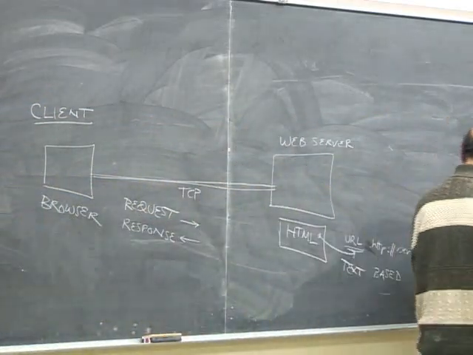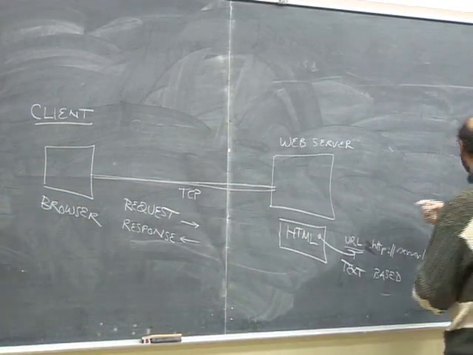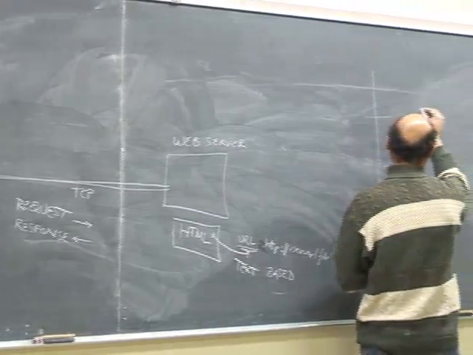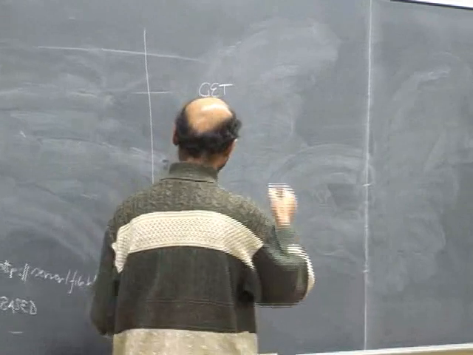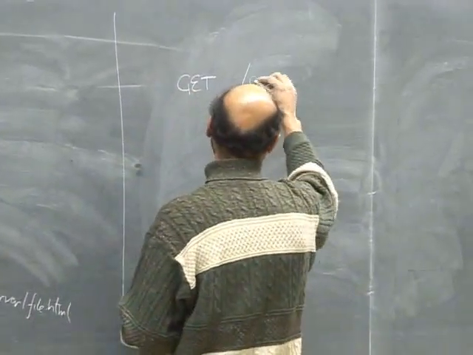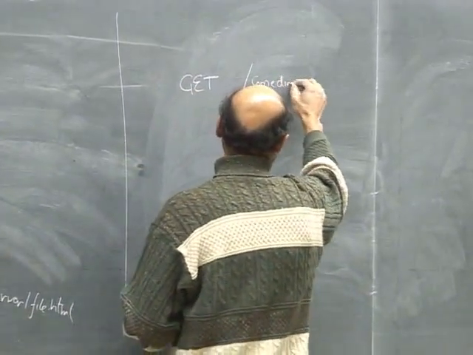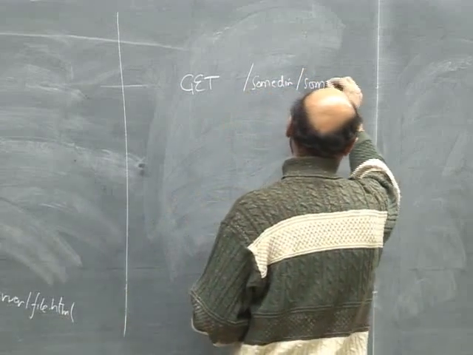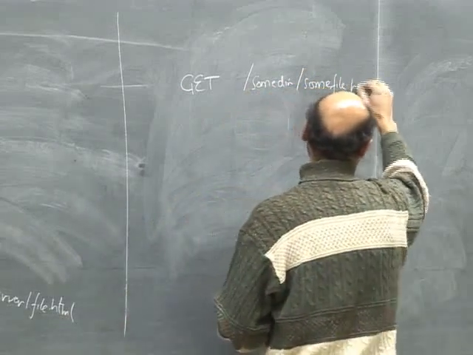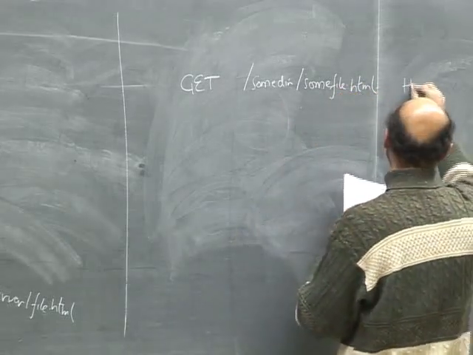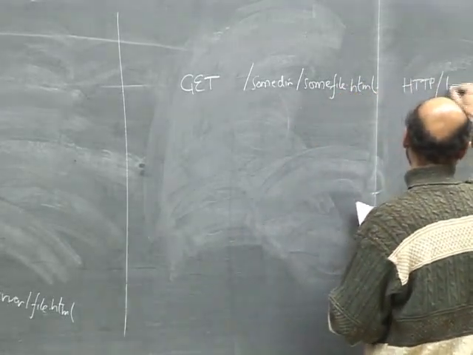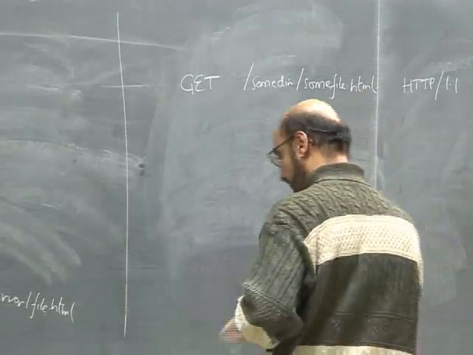So let's look at a typical request. Here's a request to get a file. It looks like this. You say GET, and it's actually capital G-E-T in English. Very straightforward. GET, and then some directories/some file.html, then you say HTTP/1.1. So this GET part is called the method.